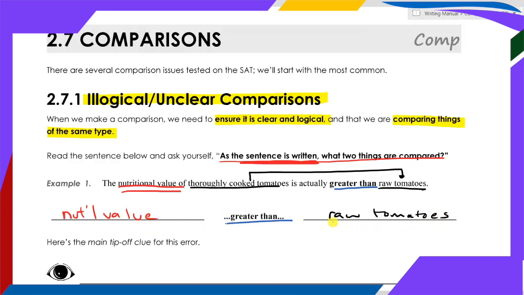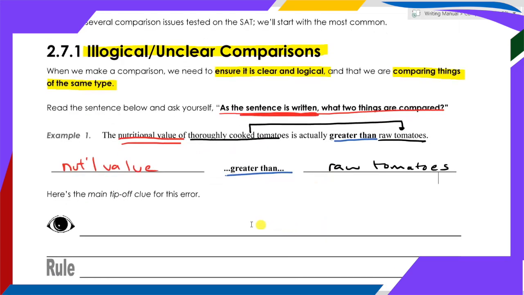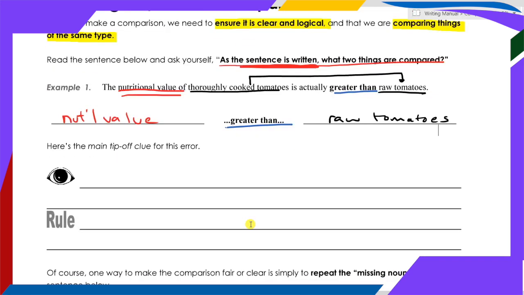The way that we would fix this, we'll get to in a second, but let's talk about the tip-off clue for this error first. The tip-off clue is basically anytime you see a comparison being made, and the most frequent and probably easiest way to know that a comparison is being made is if you see "er" words or "more," followed by the word "than."